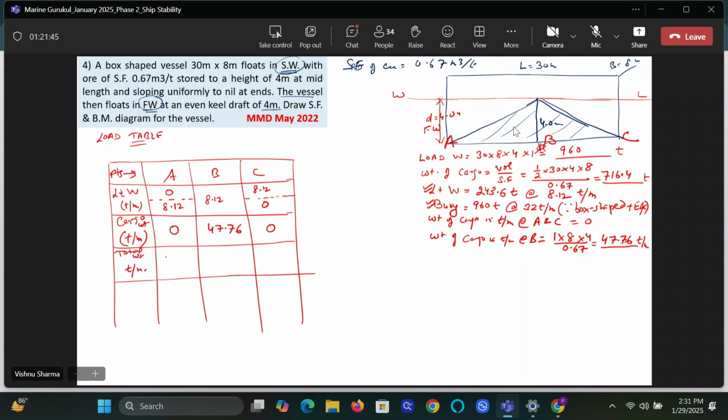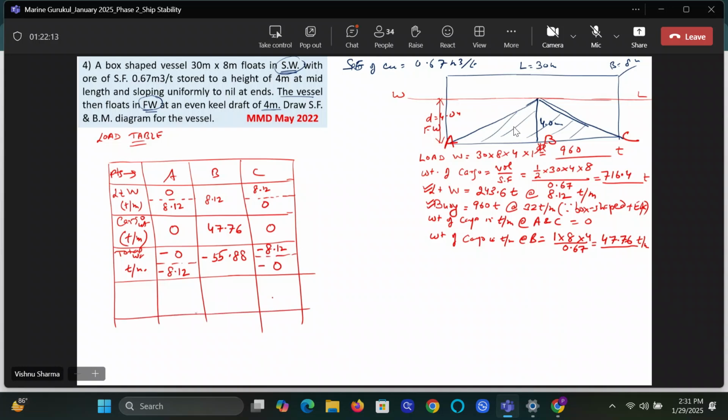Since A and C are divided in the first row, they will need to be divided here too. It will be 0, 8.12, this will be 8.88 and 55.88, this will be 8.12 and 0. Since it's acting downwards and we are going from left to right, minus, minus, minus, minus, minus.